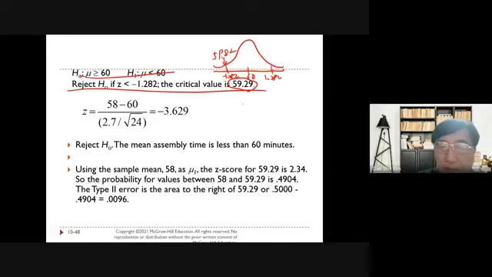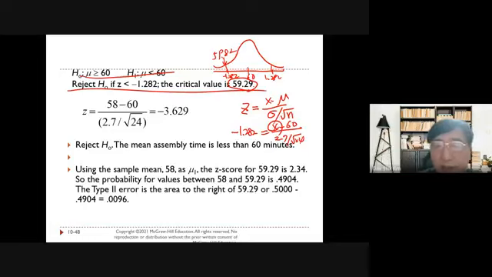You need to calculate backward. Z equals x minus mu divided by sigma over square root of n. Z was minus 1.282, equal to x minus 60 divided by 2.7 over square root of 24. Then you can solve this x value, which is 59.29. This is just the critical value.